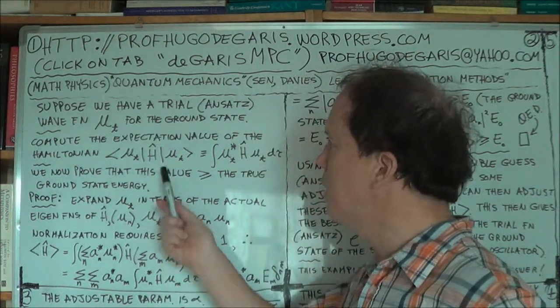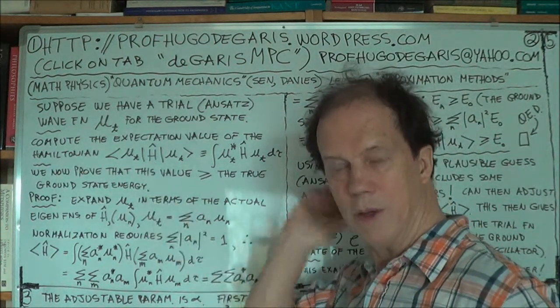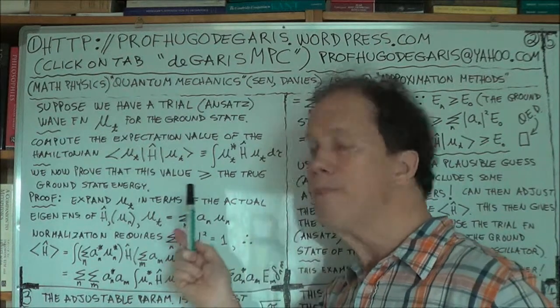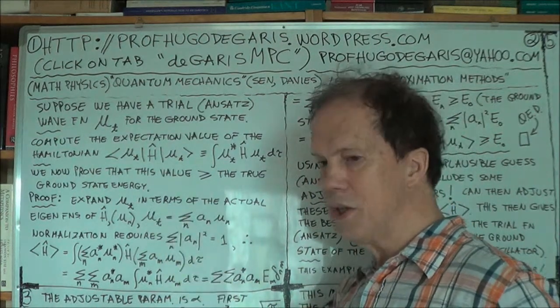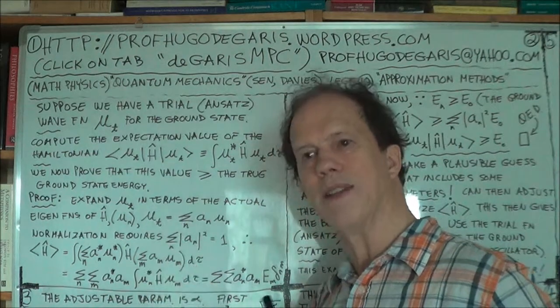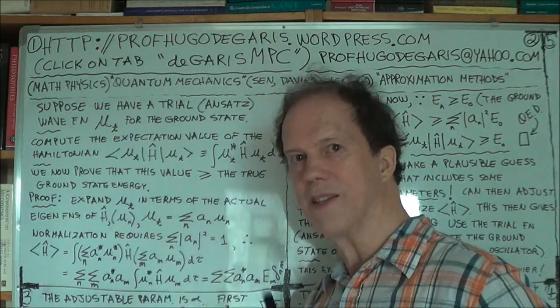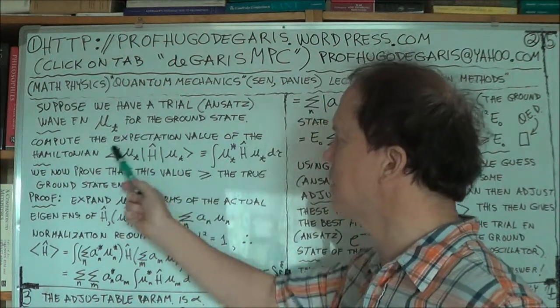If you measured this observable, in this case the energy. Remember, the Hamiltonian is the energy operator. So if you are measuring the energy many times, get lots of statistics, and then you can calculate the average measured value. And by definition, that's the expectation value, which is this, right?